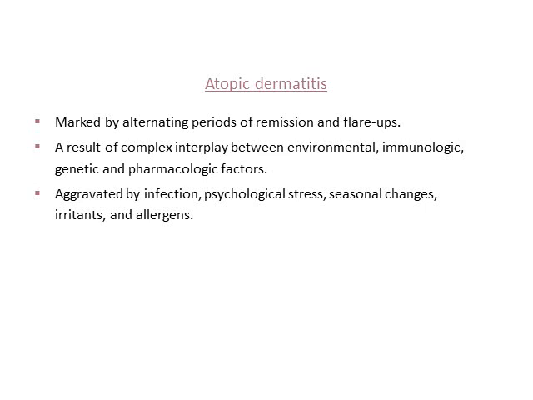Atopic dermatitis is marked by alternating periods of remissions and flare-ups, a result of complex interplay between environmental, immunological, genetic, and pharmacological factors. It is aggravated by infection, psychological stress, seasonal changes, irritants, and allergens.